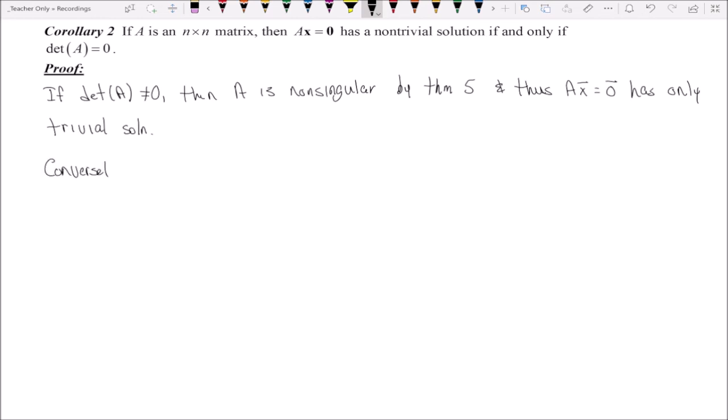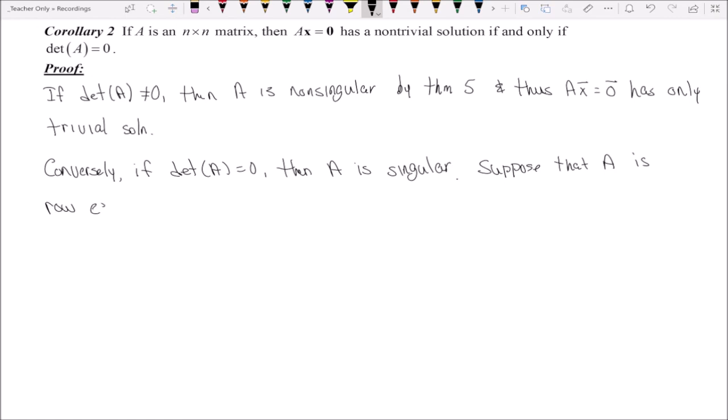Conversely, if the determinant of A is 0, then A is singular. Suppose that A is row equivalent to B, which is in RREF, right?